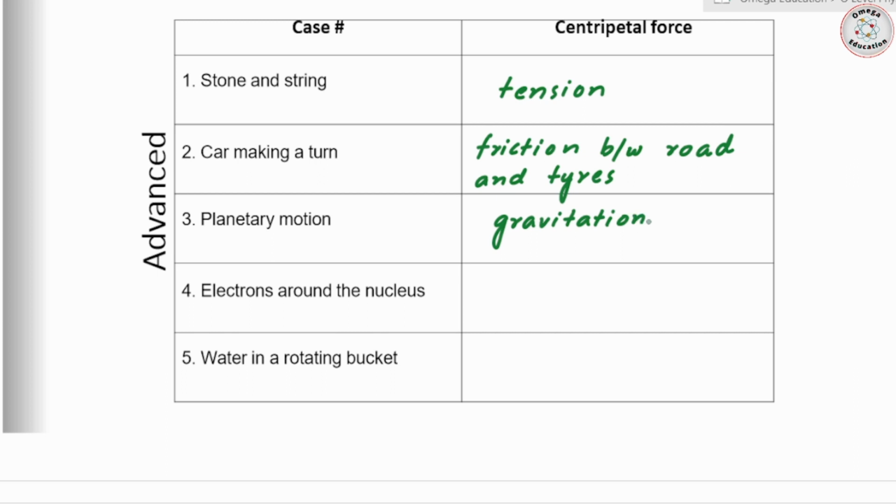Electrons revolving around the nucleus, in that case it is electrostatic force. Water in a rotating bucket, in that case it is reaction force.